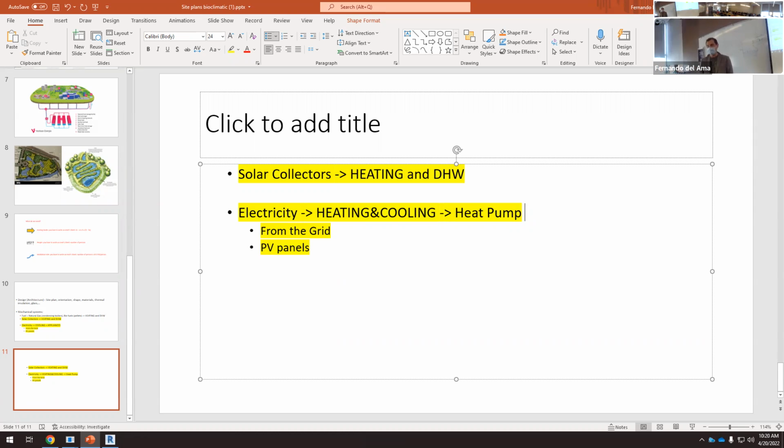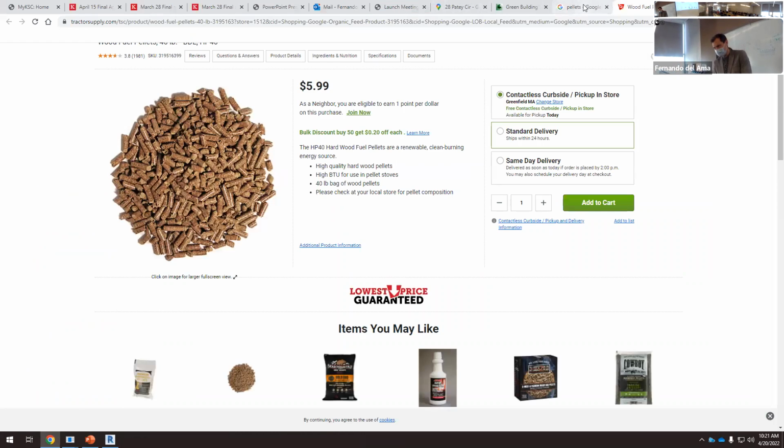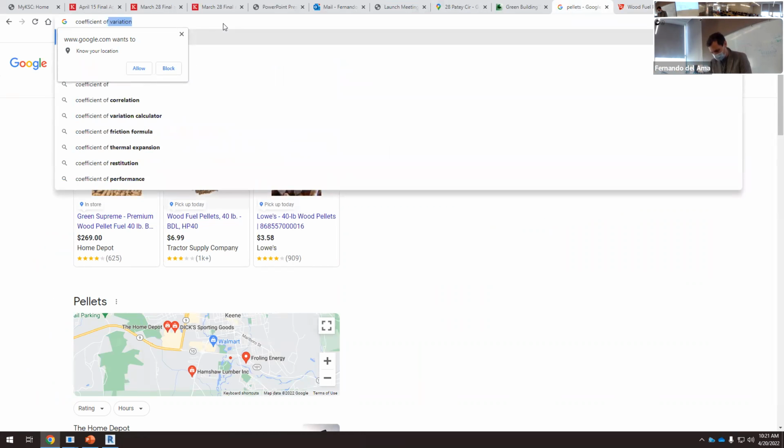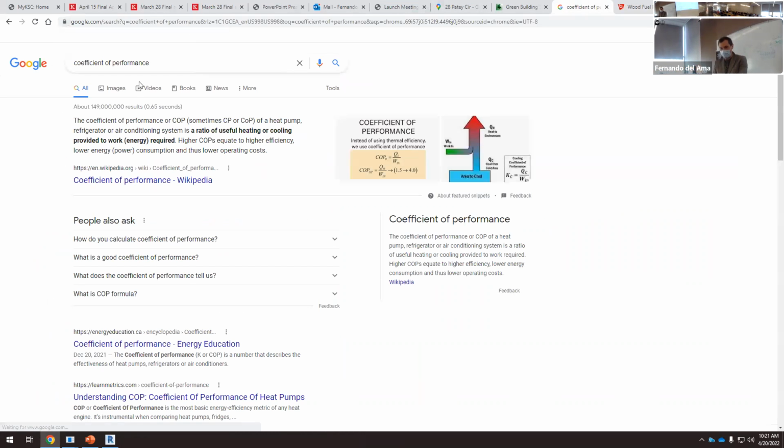COP. The COP stands for coefficient of performance.